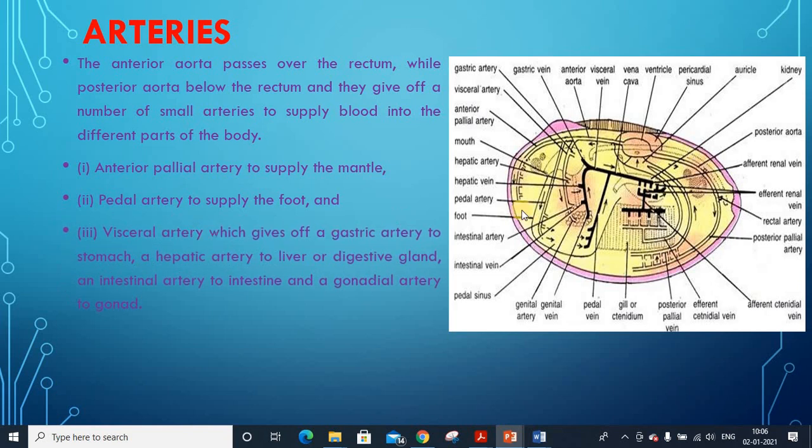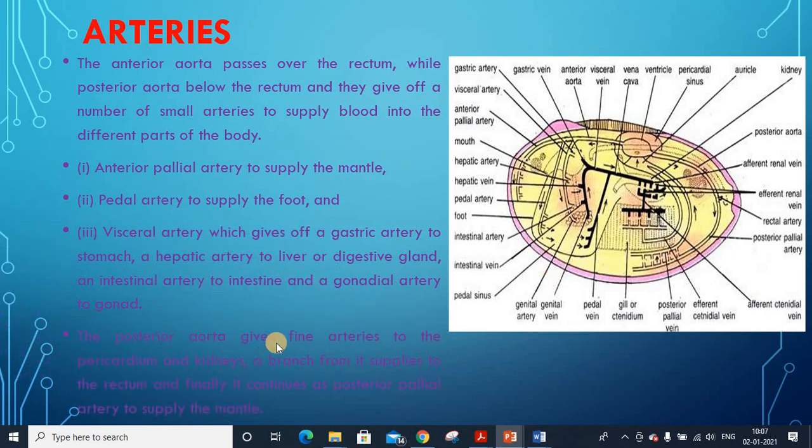Then the visceral artery, which gives off the gastric artery to the stomach part, a hepatic artery to the liver or digestive gland, and an intestinal artery. Here you can see the intestinal artery, then the hepatic artery and the gonadal artery or the genital artery giving off blood to the gonad region.